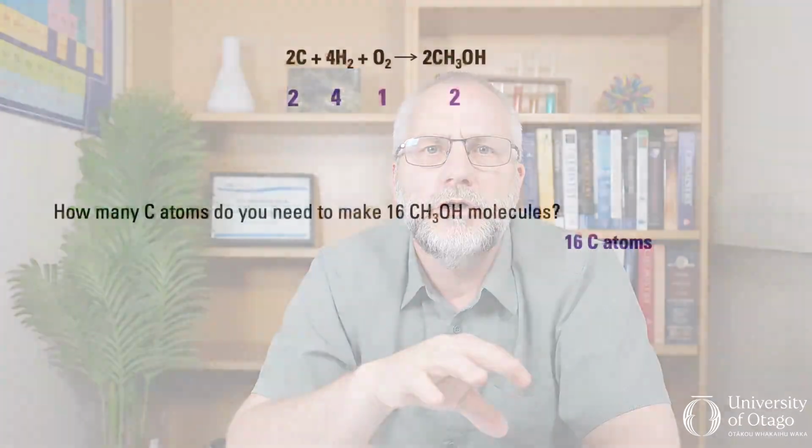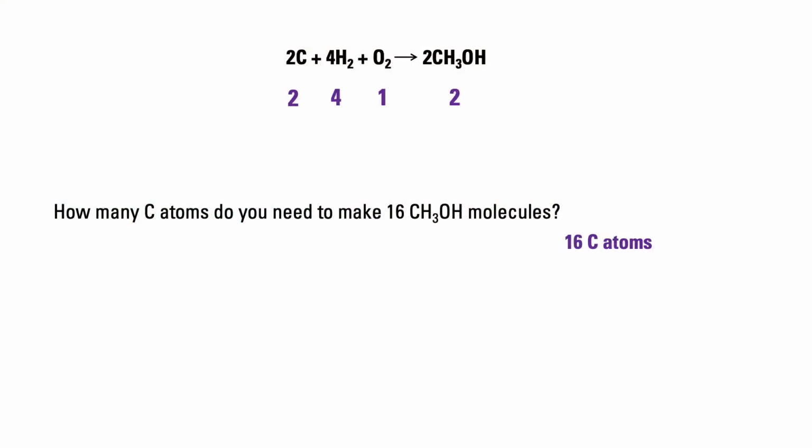And so we go to our balanced chemical equation, which says that to make 2 methanol molecules, you need 2 carbons. So if you want to make 16 methanol molecules, you'll need 16 carbons, right?